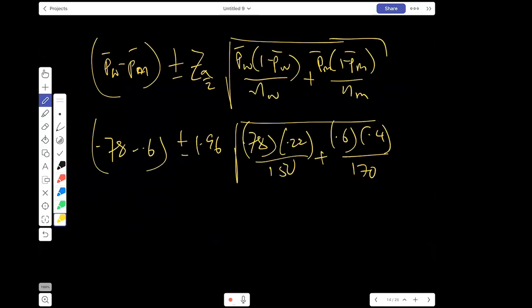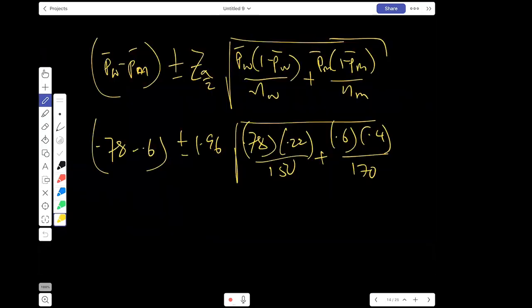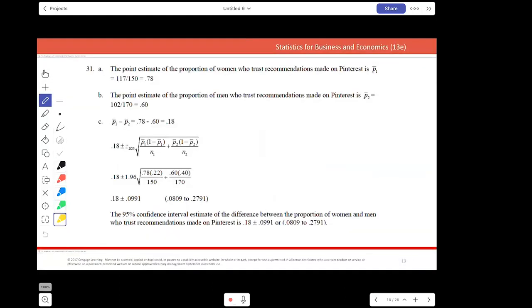When we calculate that, let's see if I can grab that information for you. It was question number 31. So here we go, if we look at the computations right here.